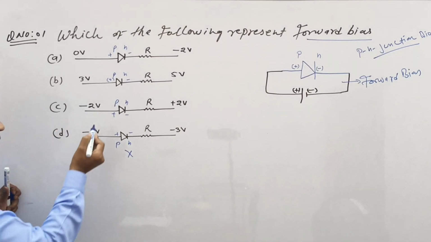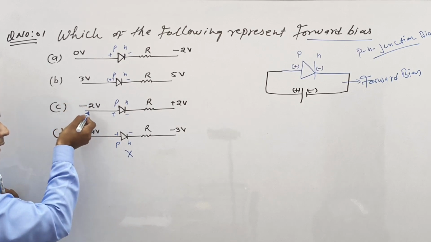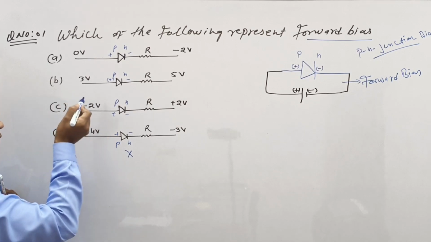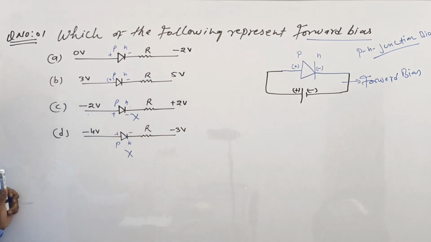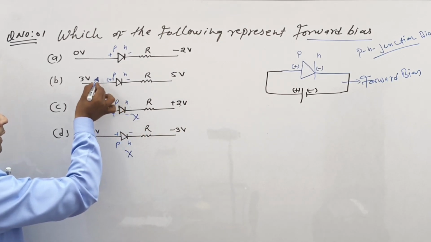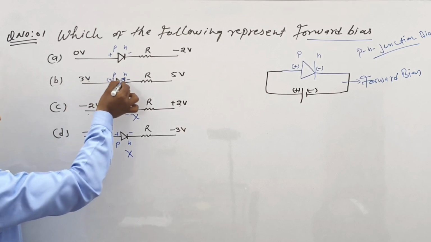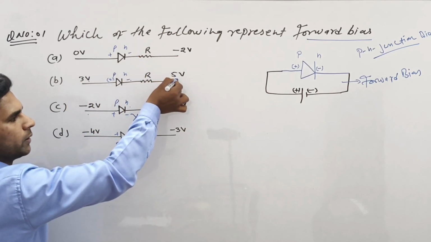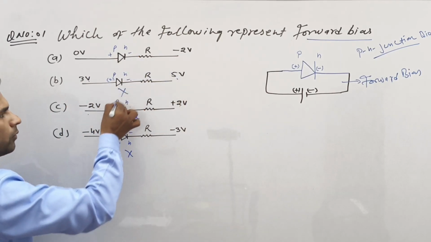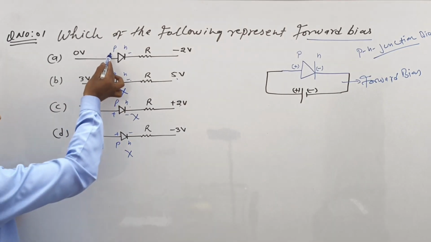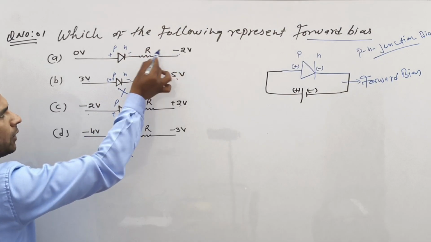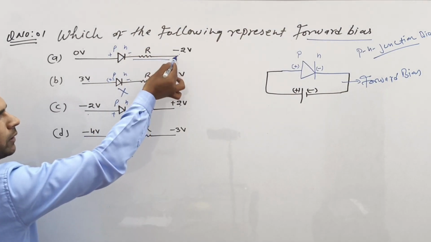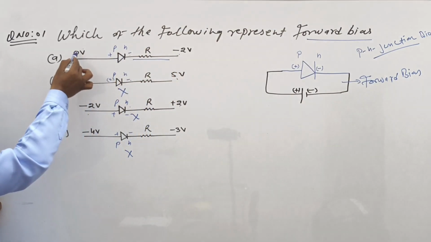Here also positive is connected with negative and negative with positive, so this is also wrong. Now here positive is connected with positive, very good, but negative is also connected with positive, so this is also wrong. Yes or no? Here positive is connected with 0 and negative with negative.